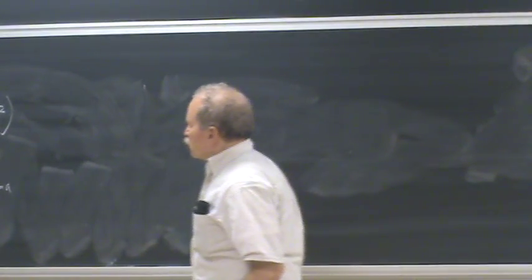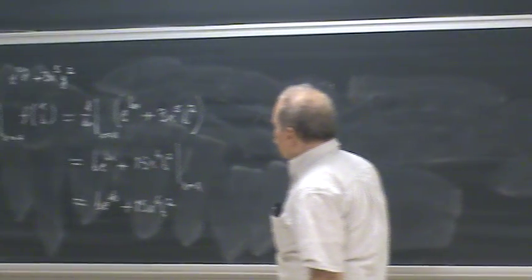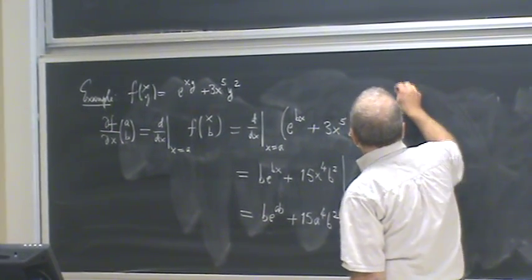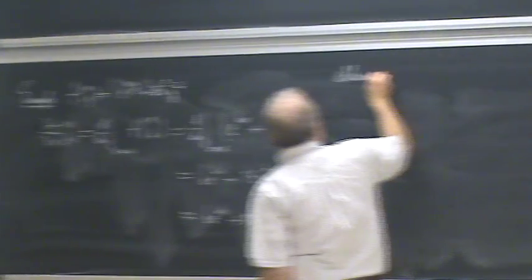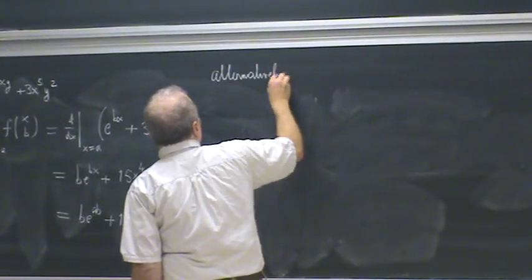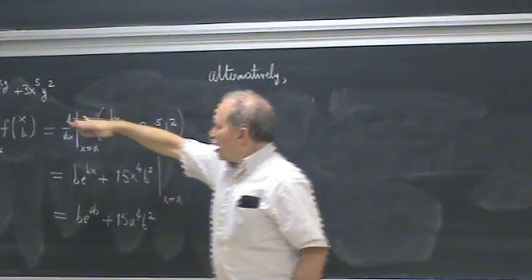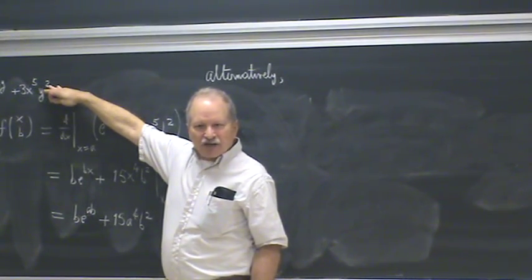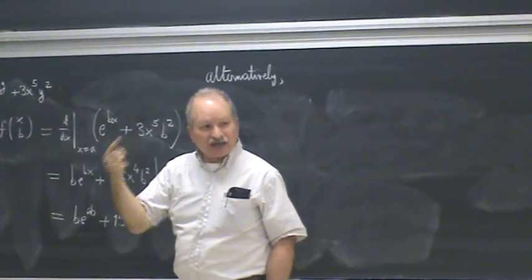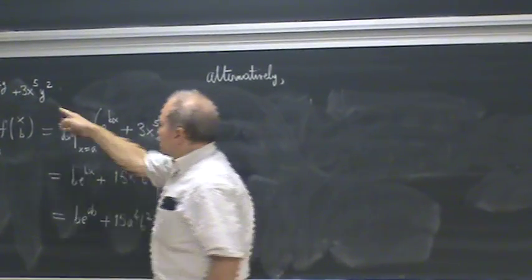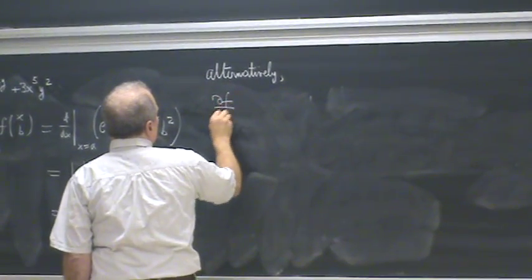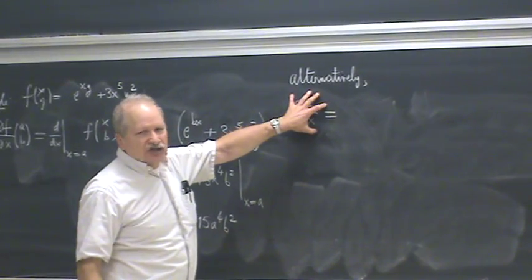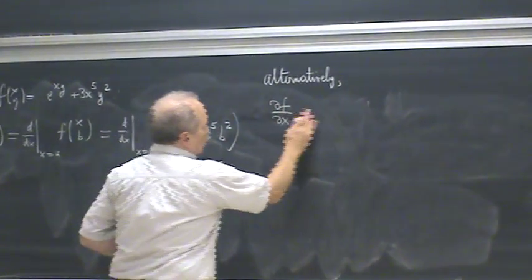Now, what would be the shortcut that I was referring to? Well, you could just think about keeping x and y as variables and just reminding yourself y is a constant. So you could just take this formula and not even say at a particular point, just think of it as a function of x and y.